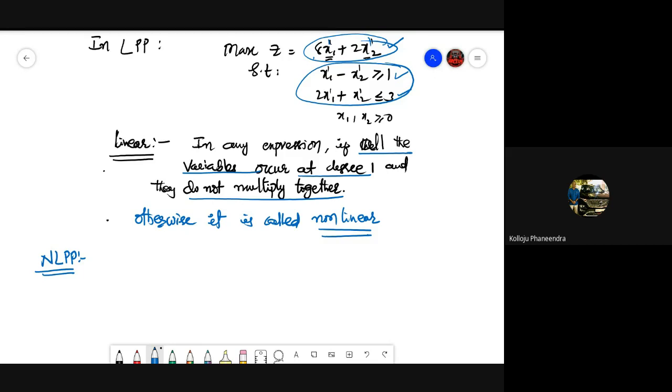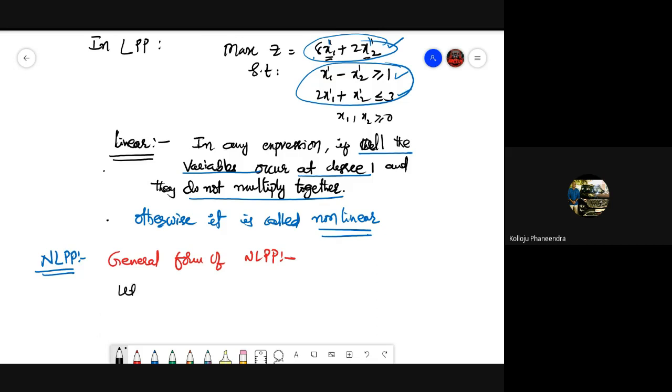So, what is the general form of the non-linear programming problem? General form of NLPP. The objective function is either maximum or minimum, so called optimize.